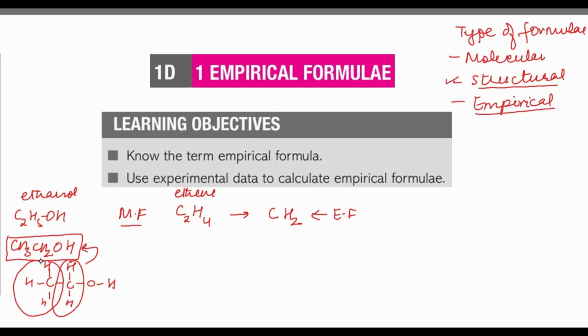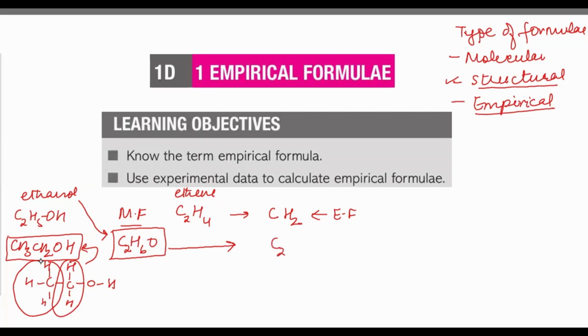Now, when I write all the carbon together, all the hydrogen together, and all the oxygen together, I get the molecular formula for ethanol. So the molecular formula for ethanol is C2 (3 plus 2 plus 1) H6 and O. If I want to write the simplest ratio form, I cannot cancel out oxygen because there is only one oxygen atom, so I cannot simplify further.